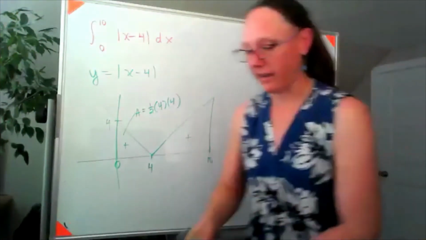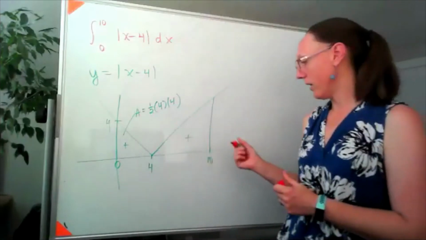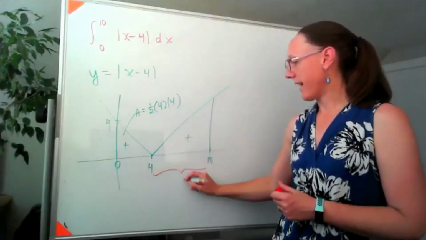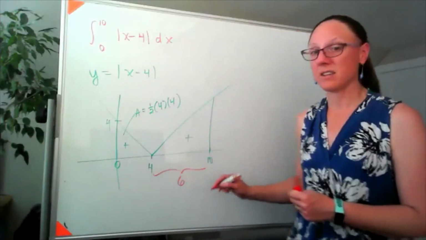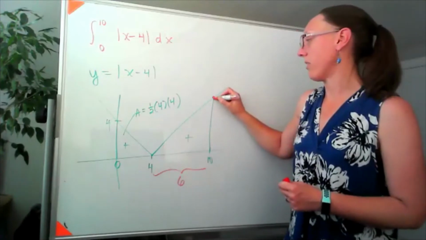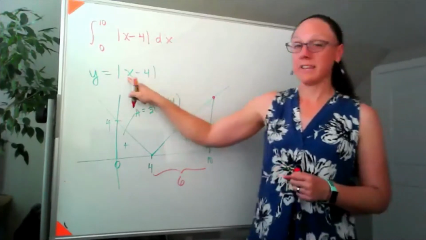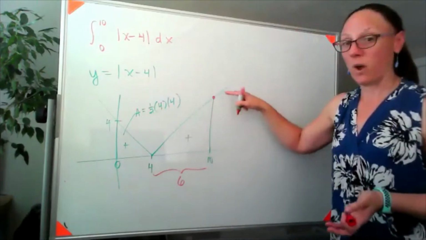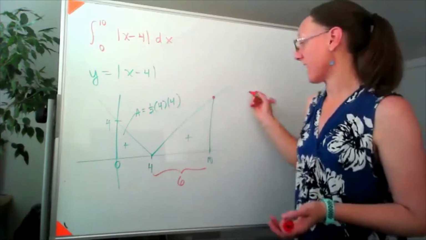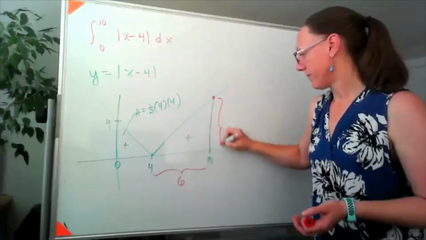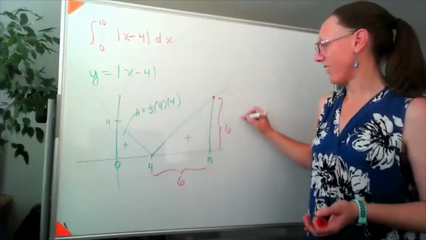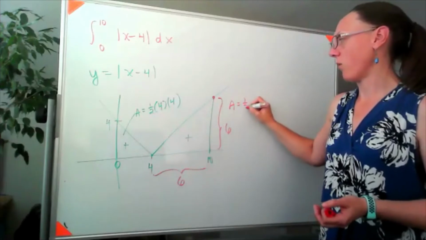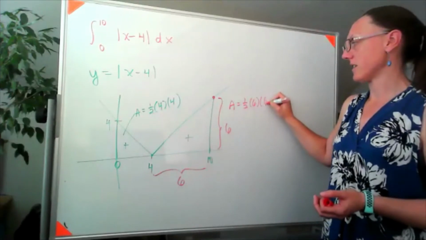This triangle over here, from 4 to 10, has a base of 6. Now I need to come up with the height. When I plug in 10, 10 minus 4 is 6. So this y value up here is 6. So this triangle has an area of 1/2 times 6 times 6.